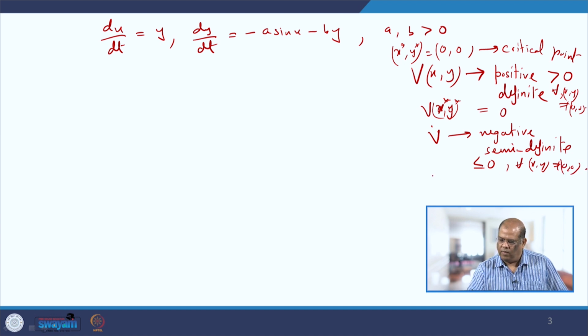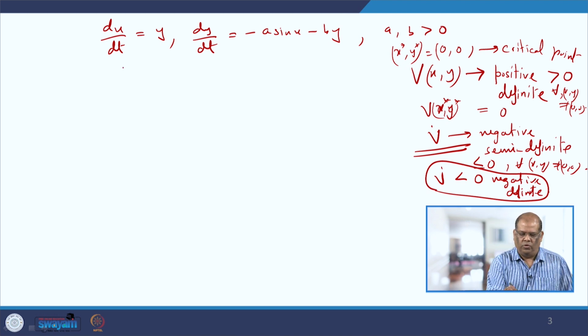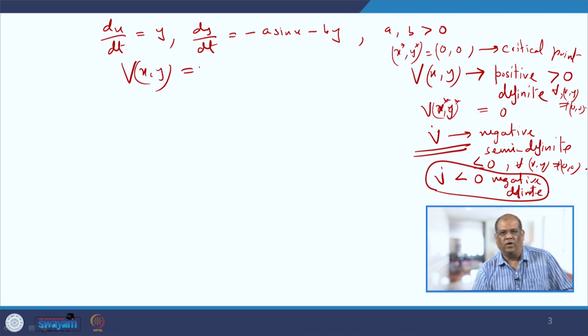And if it is just negative definite, for this it is Lyapunov stable, and for this it is asymptotically stable. Now, in this particular problem, you have to choose, and again I say that there is no hard and fast rule, you have to figure out by yourself and it will come with practice.